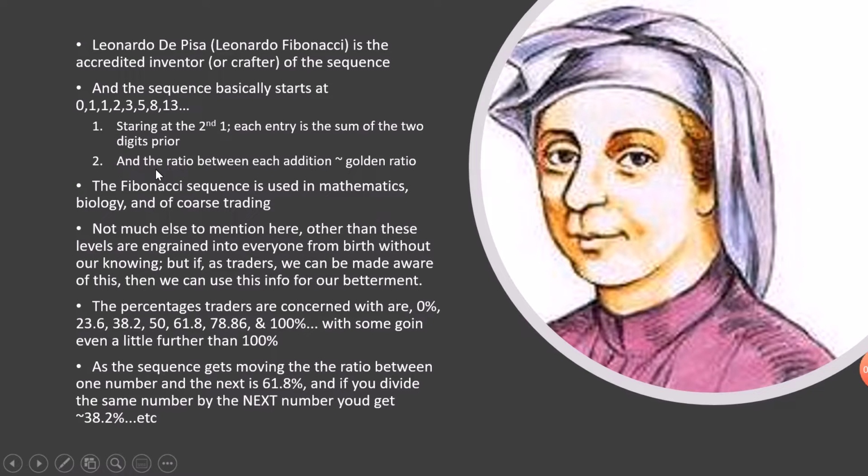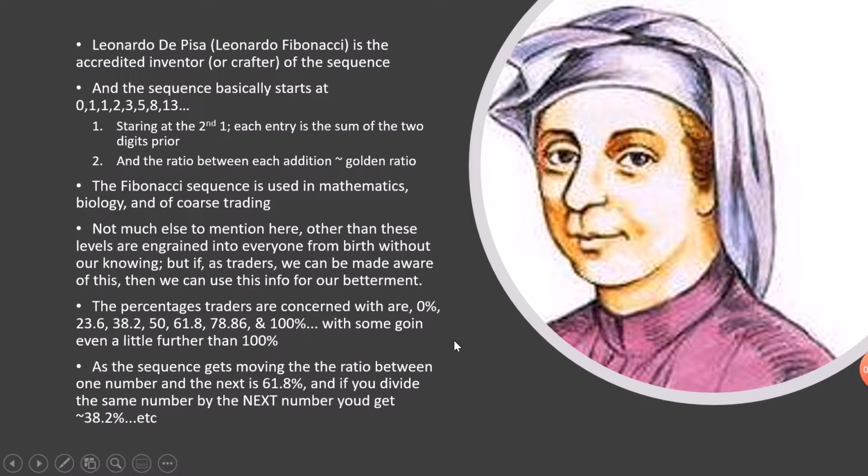And basically the Fibonacci sequence carries into many factors of our life: mathematics, biology, and of course trading. But it goes a lot further than that too. It's really quite amazing, but that's all we're going to mention here. We could go on for hours about this number and its relevance to society.